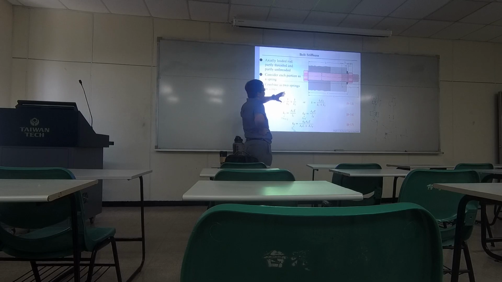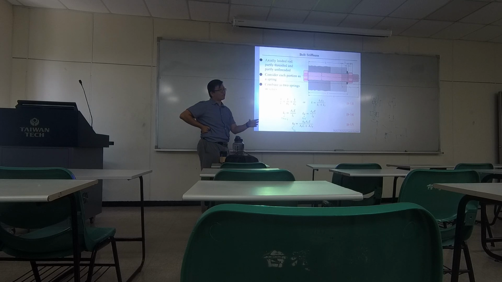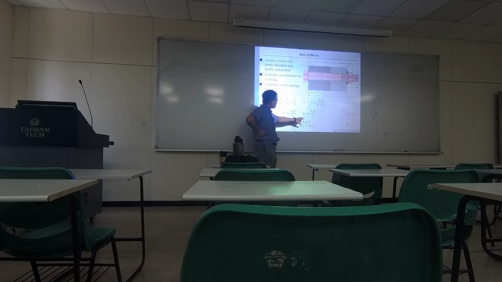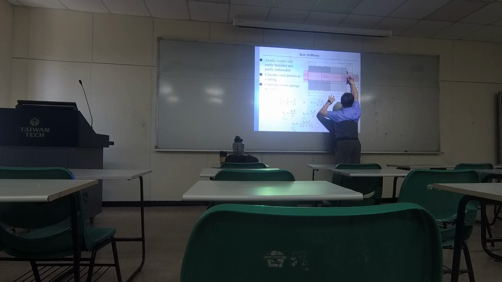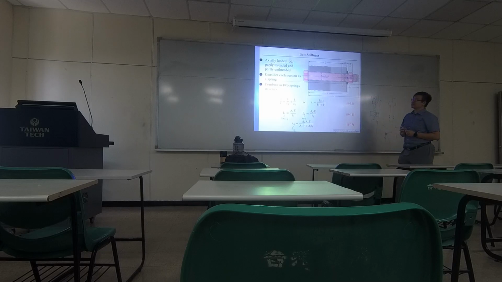Okay, and due to the geometry, if you take a look at the cross section, this part is the rod, and this part is the thread, right? So geometrically they are different, and their length is different, the stress area is different.